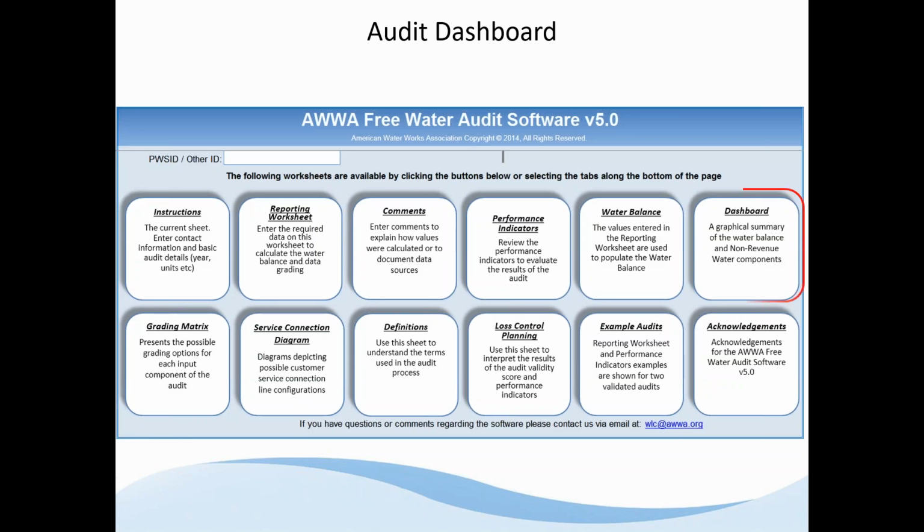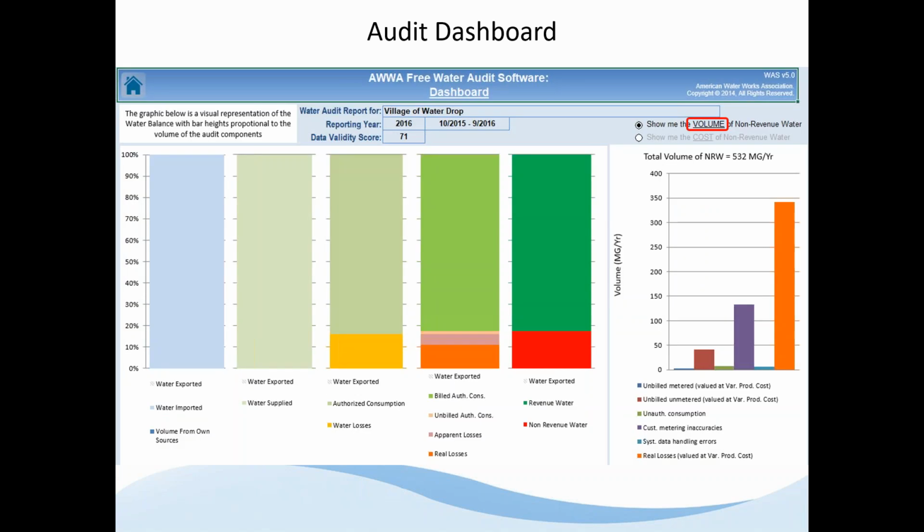So the audit dashboard will help you because it gives you all kinds of information that you, the operator, can use while tracking your system and seeing what's happening. It gives you dashboards to tell you about your water, your non-revenue water, and the areas that are causing you the most angst or problems.